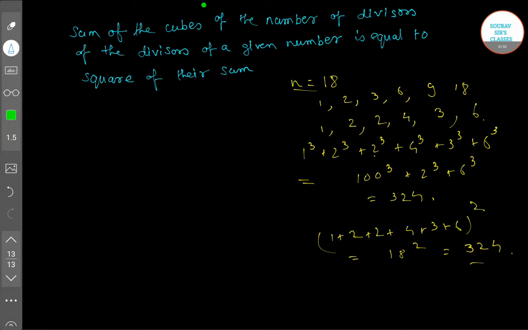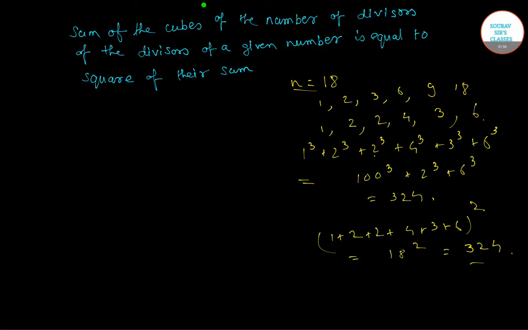Now let our number n be equal to p1 raised to the power a1 into p2 raised to the power a2 and so on, into pn raised to the power an.